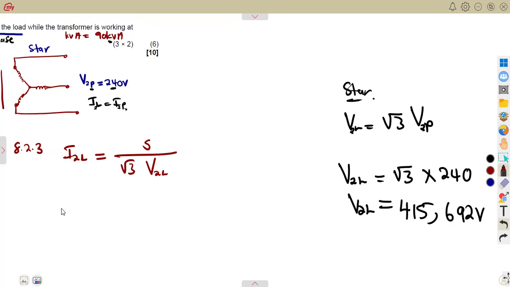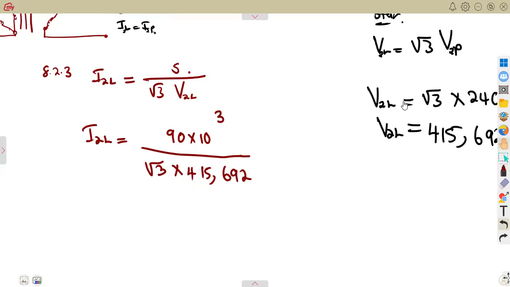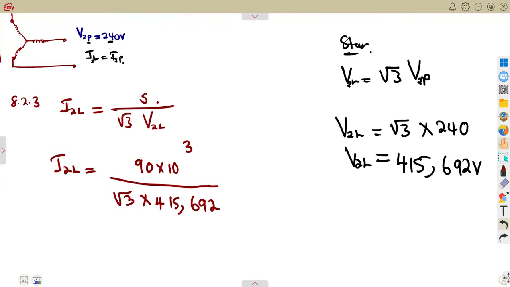And by having this, we can substitute into our formula the rating of the transformer, 90 kVA, that is 90 times 10 to the exponent of 3, over the square root of 3 times the voltage, which we got as 415.692. Remember the square root of 3 there, I discussed this. We are in a 3-phase.